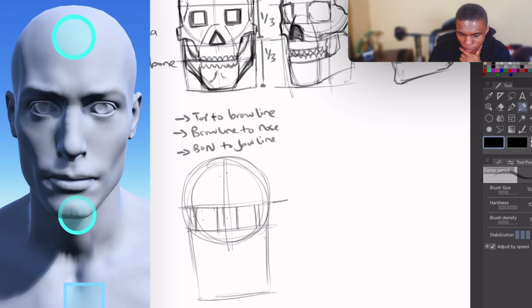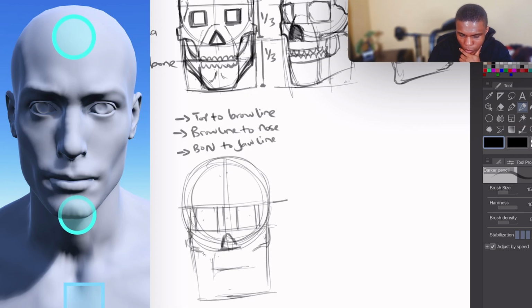One, two, three, four, five boxes, and then the nose, and then the mouth, which is going to be here.